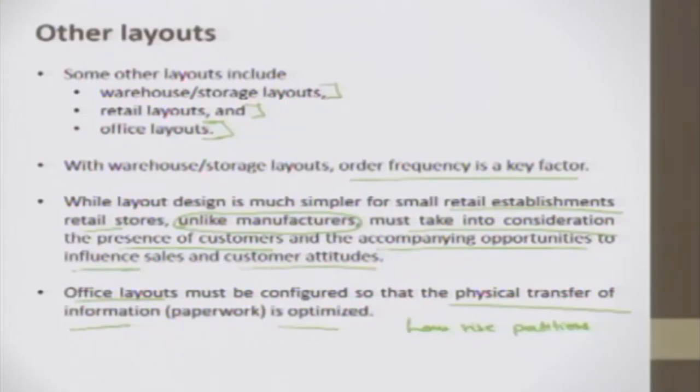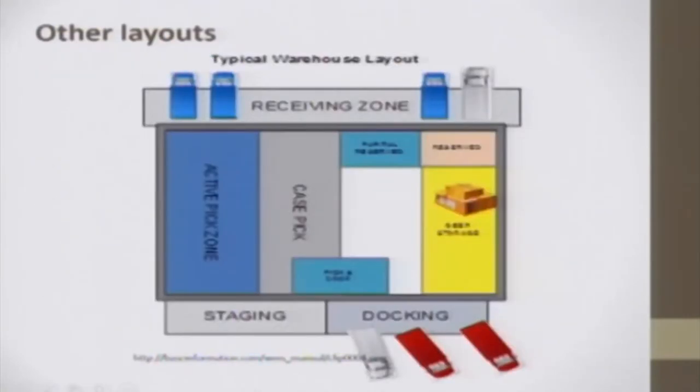In office layout, communication can also be enhanced by having low rise partitions, so that the communication could be good, and maybe glass walls. So this is a typical warehouse layout. We have the deep storage zone here, where deep storage is there.